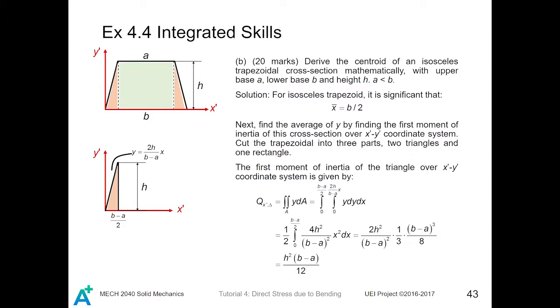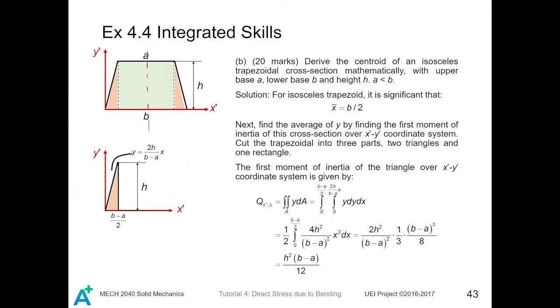Firstly, for an isosceles trapezoid, it is significant that the average value of x lies in the middle. For the average of y, we need to first construct the x' and y' coordinate systems, such that we can find the first moment of inertia of this cross-section. First of all, let's find the moment of inertia of this triangular shape.